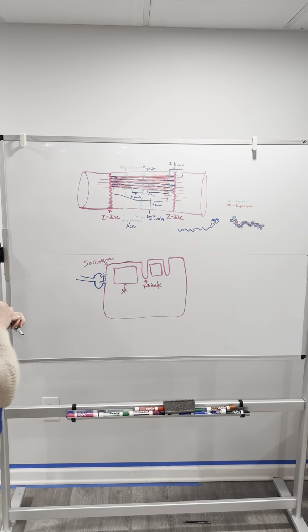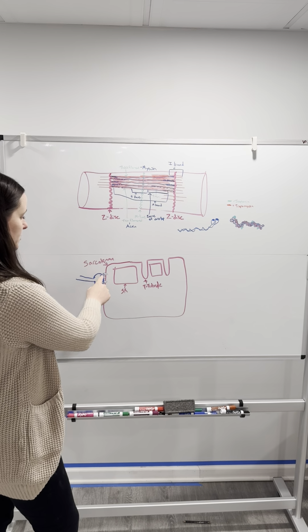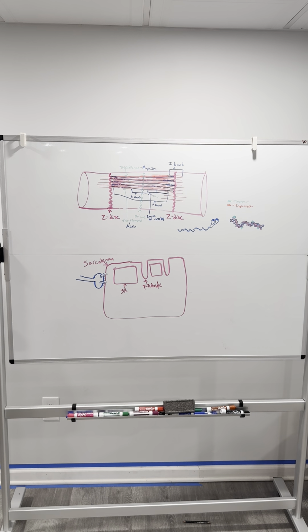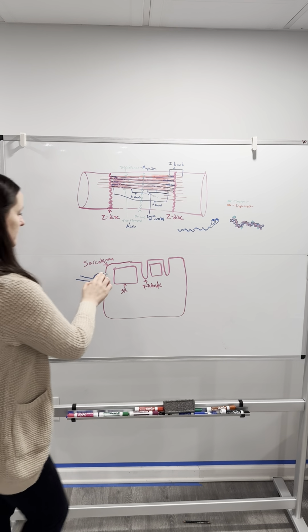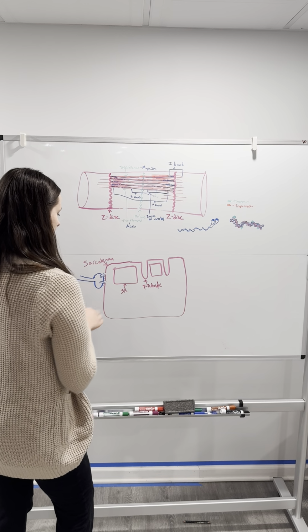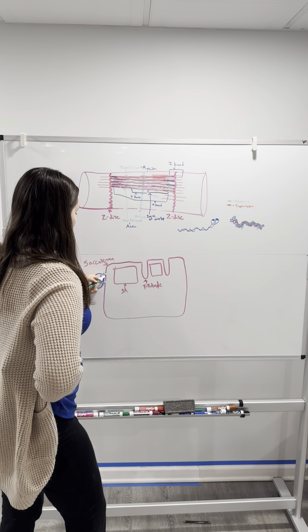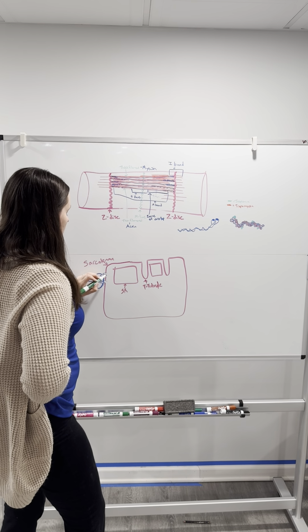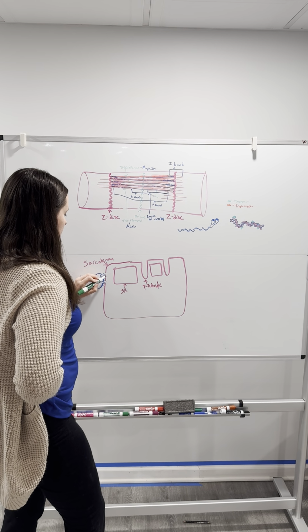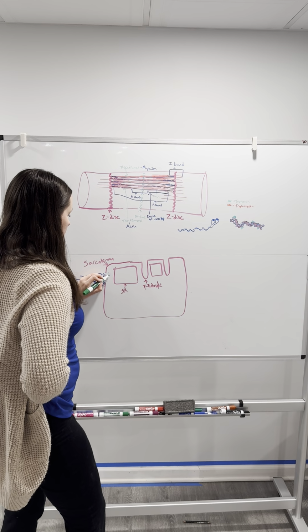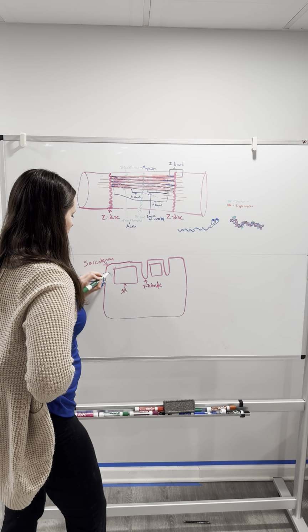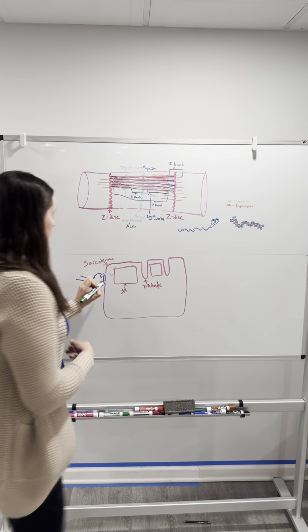Once the neurotransmitter enters this synaptic cleft, the sodium channels open up. Acetylcholine will cause these to open up, and then sodium will enter into the cell, into the muscle cell. So sodium will enter in here.